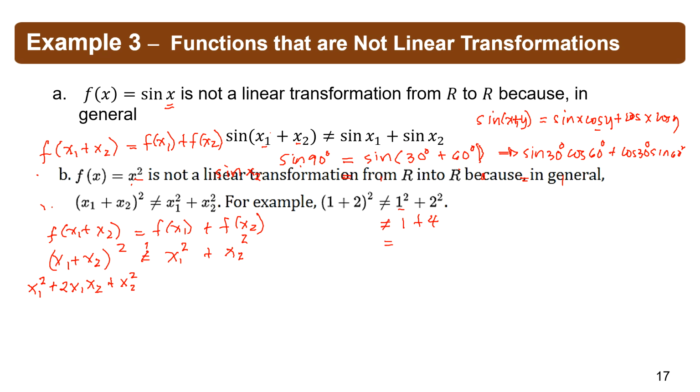And 1 plus 2 is 3, then you square, that gives you 9. With this given example, the values are not really equal. Why? Because when you square a binomial, there should always be a middle term of twice the product of the first and the second terms. So again, this function is not a linear transformation.